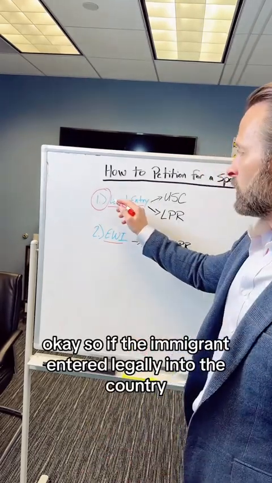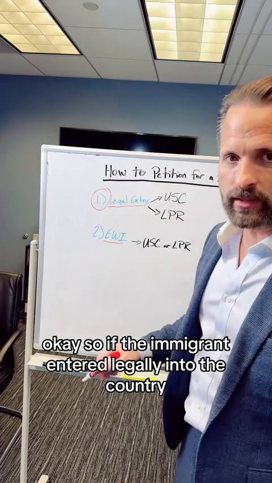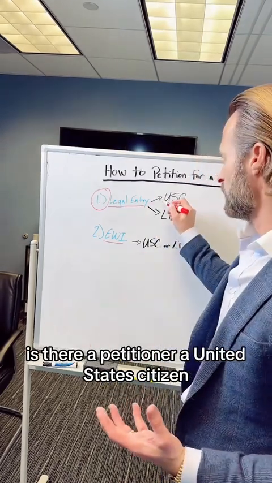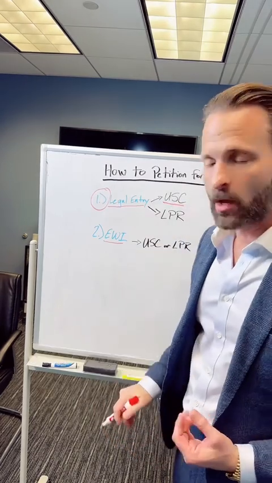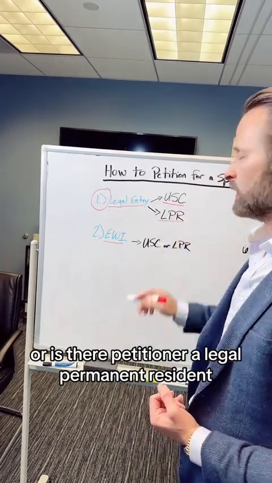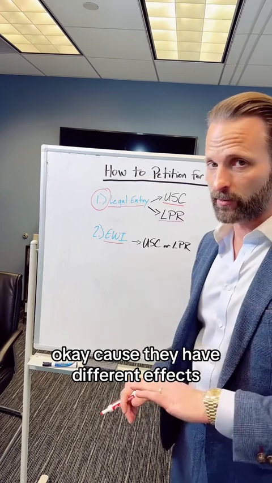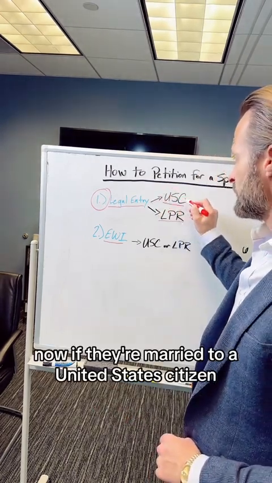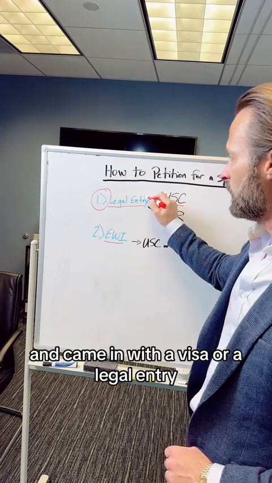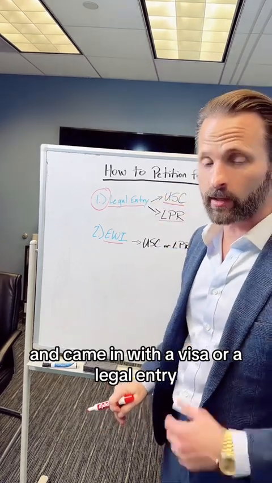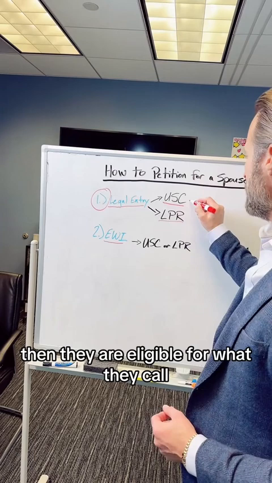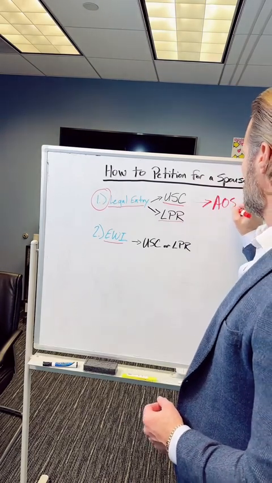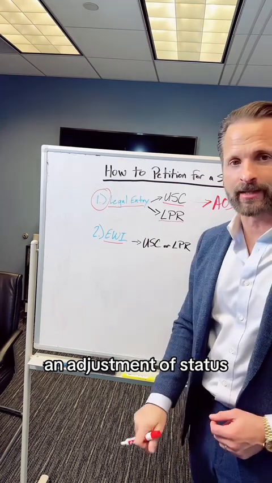Okay, so if the immigrant entered legally into the country, now we're going to look at who is their petitioner. Is their petitioner a United States citizen, or is their petitioner a legal permanent resident? Okay, because they have different effects. Now, if they're married to a United States citizen and came in with a visa or a legal entry, then they are eligible for what they call an adjustment of status.